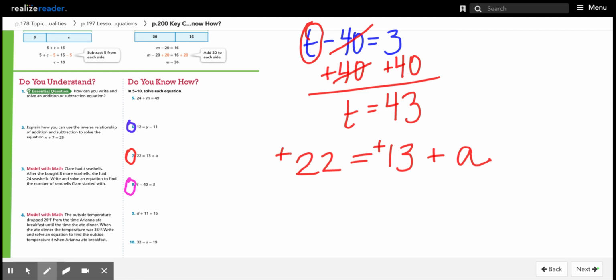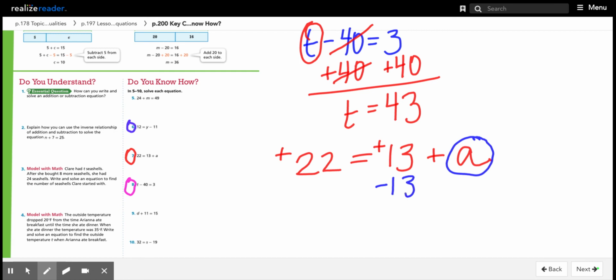Okay, so now solve for a. How do you get a alone? What does a equal? So, in order to get a alone, I have to get rid of that plus 13. I want to get 0 with the a. So instead of plus 13, I'm going to do minus 13.